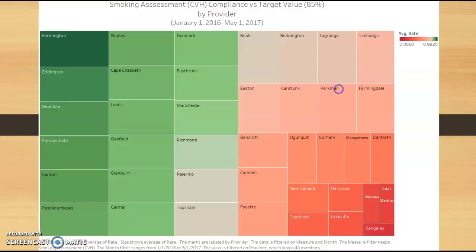The heat map also shows that there are many physicians that are compliant in assessing smoking upon encounters, over here. But there are many more practices that are hardly compliant, like Machias, East Machias, and Rangeley.